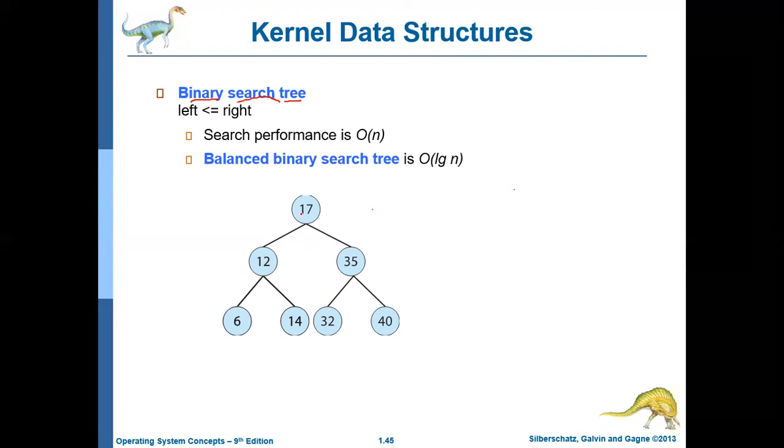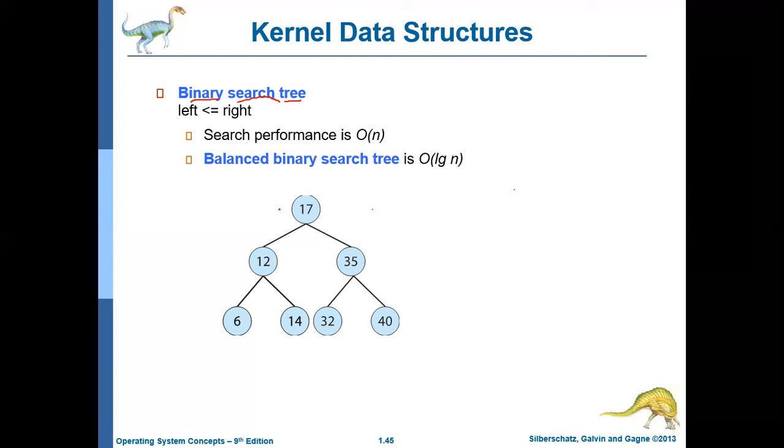So 12 is lesser than 17, and the right child will always be greater than the parent node. 35 is greater than 17. Similarly, 6 is lesser than 12 and 14 is greater than 12. Similarly, 32 is lesser than 35 and 40 is greater than 35. If this sequence is ensured, that is, if the left node is lesser than the parent node and the right node is greater than the parent node, then such a tree is called a binary search tree.